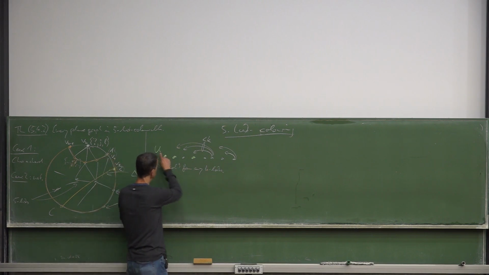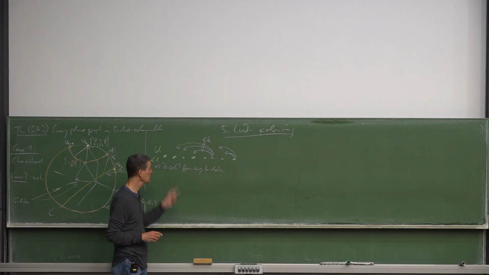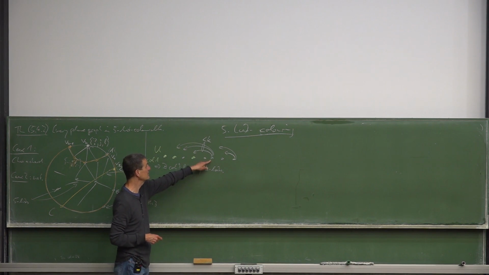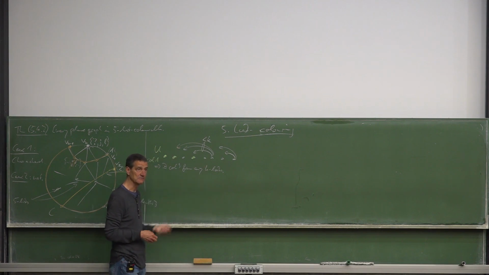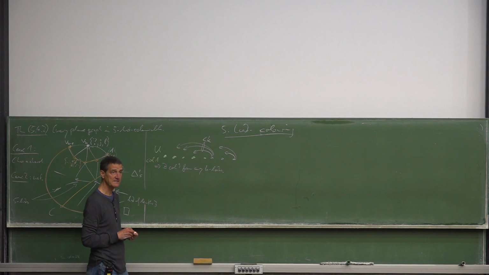Every vertex that is not in U sends an arrow, an oriented edge, to U. Otherwise, we would have put it in U, right? Greedy would have made it green if it didn't have a back neighbor in green. And this is an independent set.